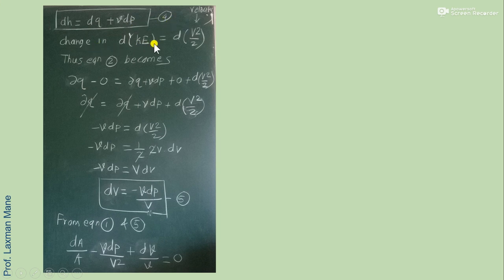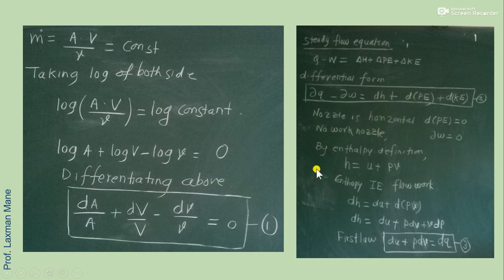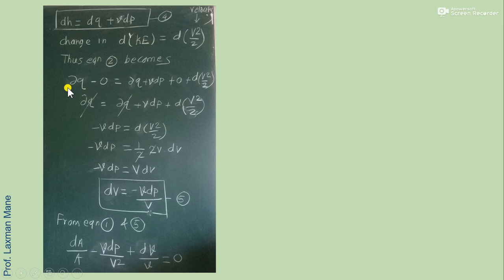Now the change in kinetic energy is V square by 2g change. So equation 2, from the last slide, will become dQ minus 0 is equal to dH, for which we place dQ plus VdP, plus this is work, that is 0, already discussed, plus d of V square by 2.